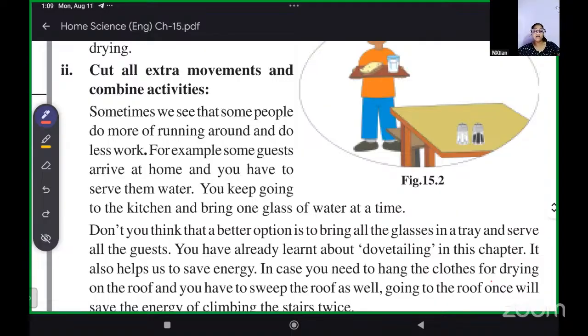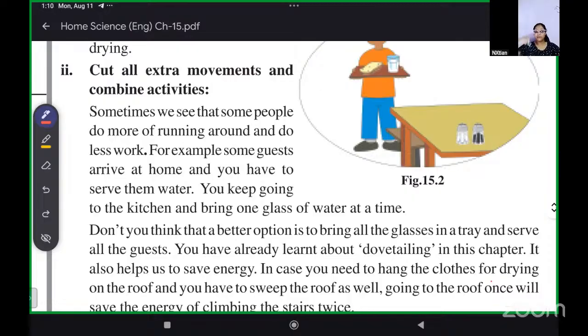When we're serving food also, we take food in both our hands. We don't take one thing, keep it, go back, bring one thing, give it. We take two or three things, as much as we can hold, then place it. Then we go back, do a second run, and the food is set on the table. So we do it like that. Now we need to cut the extra movements.